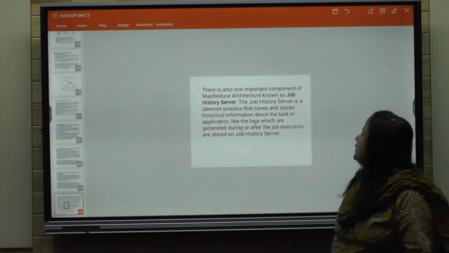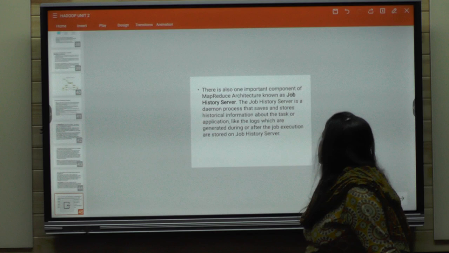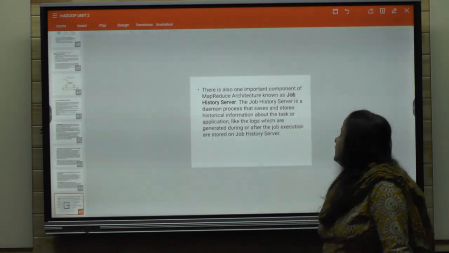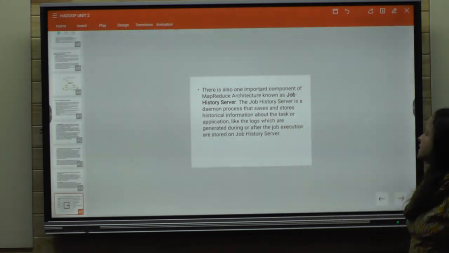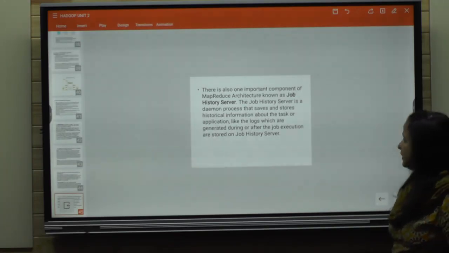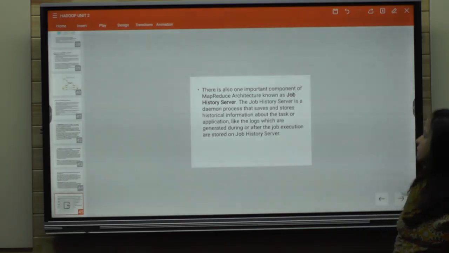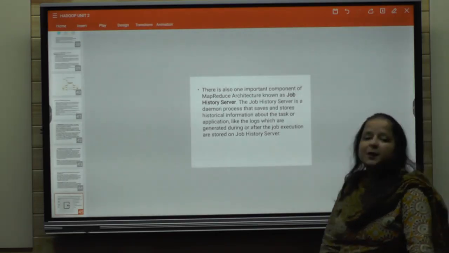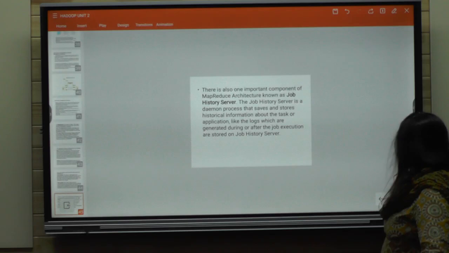There is also one important component of MapReduce architecture known as job history server. The job history server is a daemon process that saves and stores historical information about the task or application, like the logs which are generated during or after the job execution are stored in the job history server.